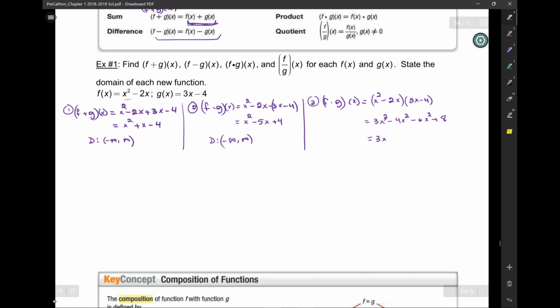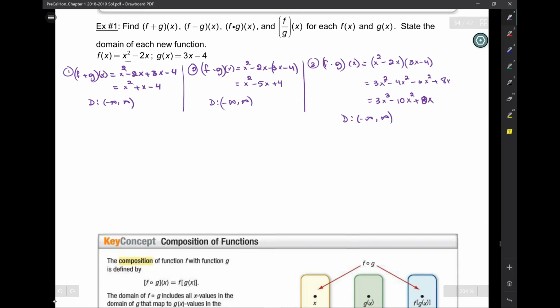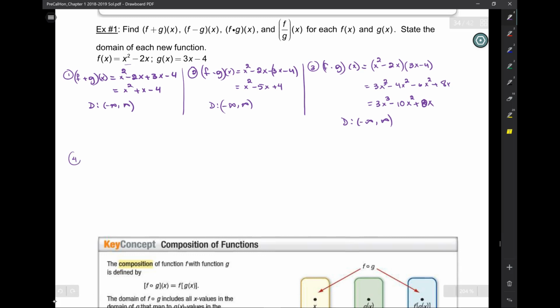So that's 3x cubed minus 8x. What's the domain there? All of these are what type of functions so far? Polynomials, good. And then number 4, f over g of x.